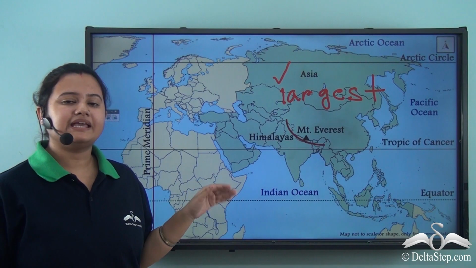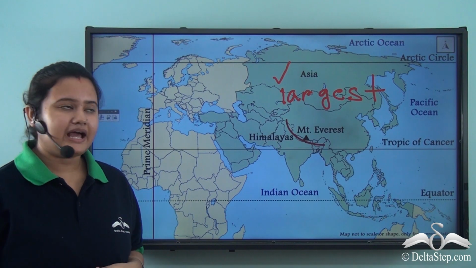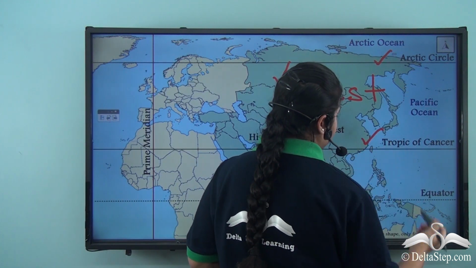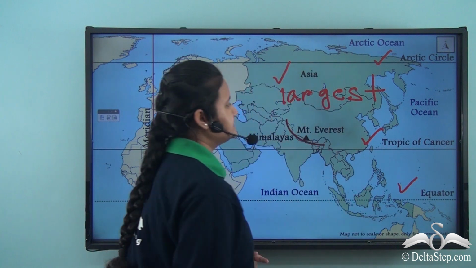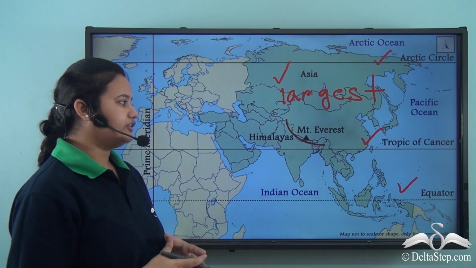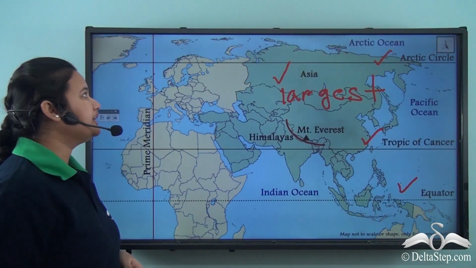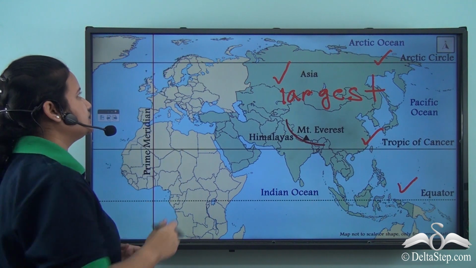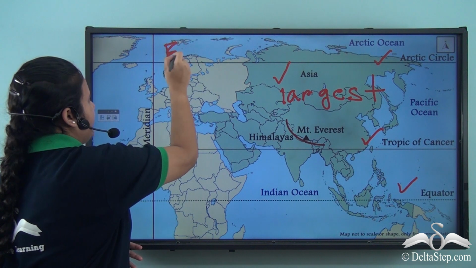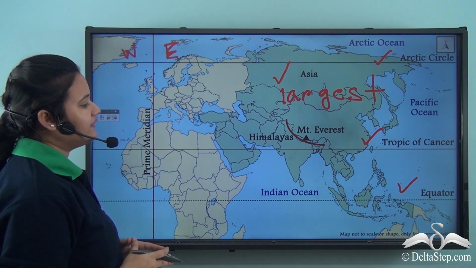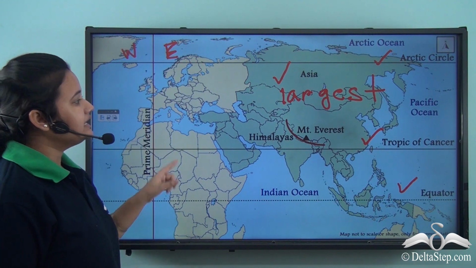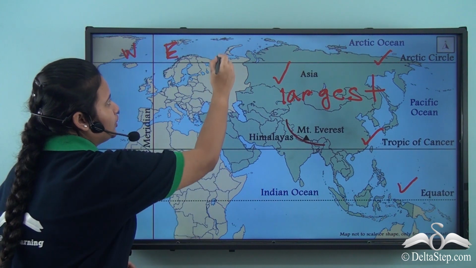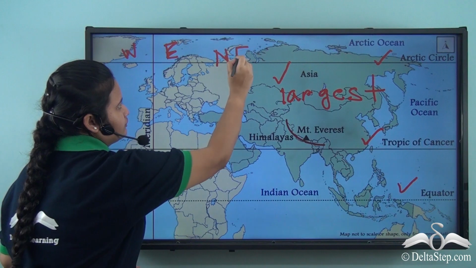Now, as we can see in this map, major latitudes like the Arctic Circle, Tropic of Cancer and Equator pass through the continent of Asia. Also, if we draw here the prime meridian, which divides the world into eastern and western hemisphere, then we can find that the continent of Asia lies in the northeastern part of the world.